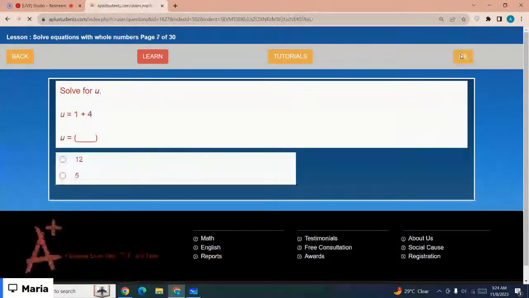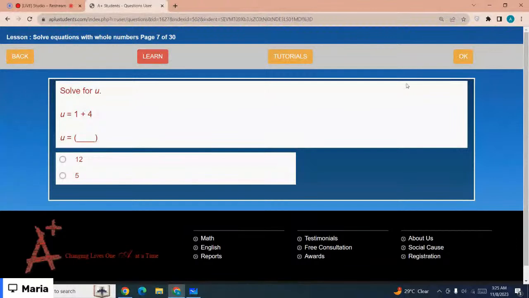Solve for U. U equals 1 plus 4. Yes, that is 5.